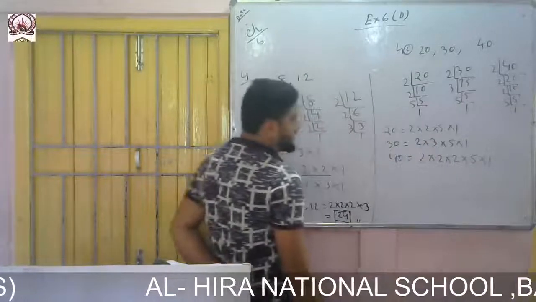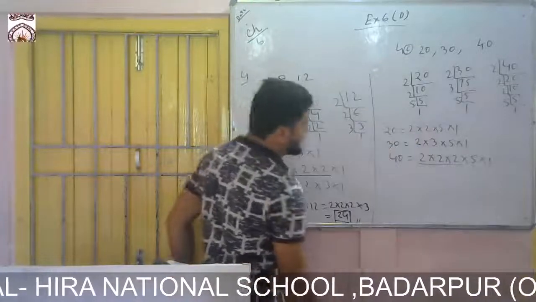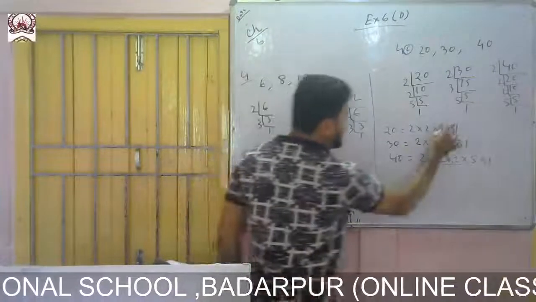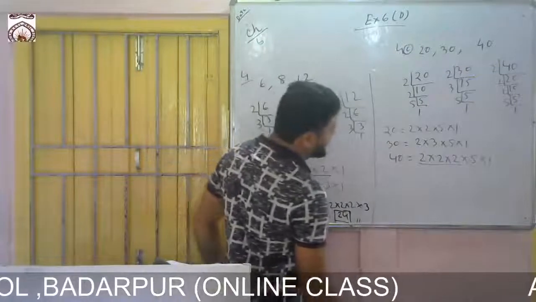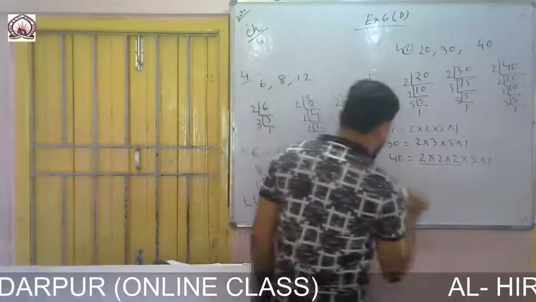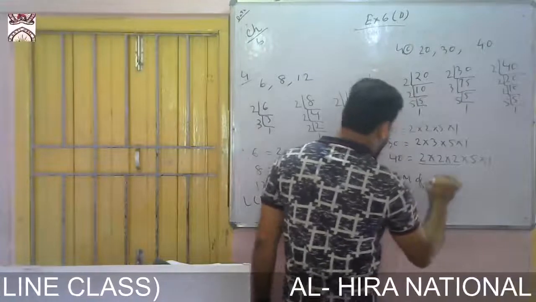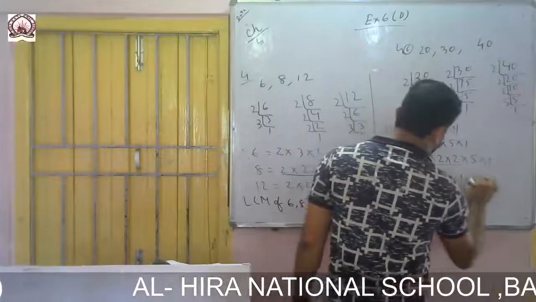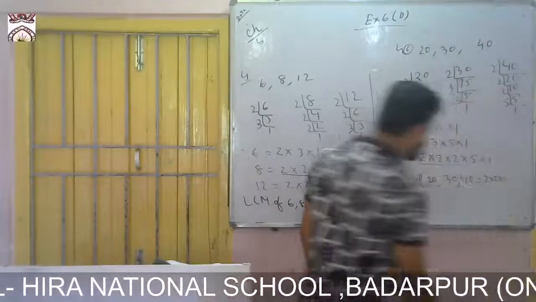Now this 2 is repeating 3 times, that is the highest. And 5 is repeating in each case 1 time, so we shall take 5. Therefore LCM of 20, 30, 40 equals to 2 into 2 into 2.